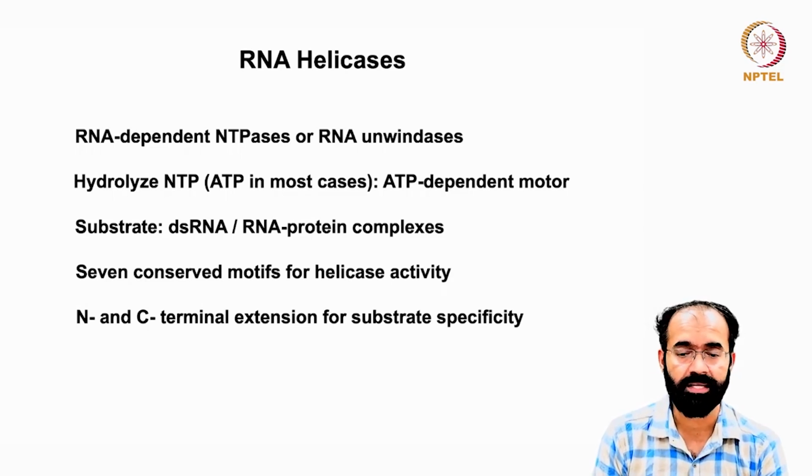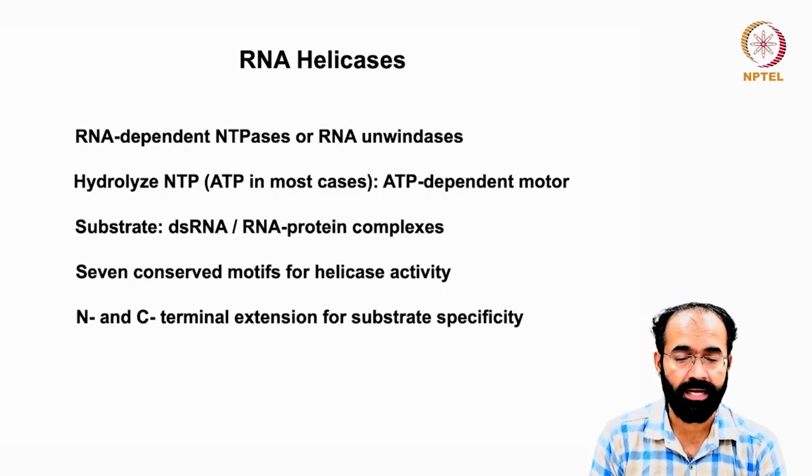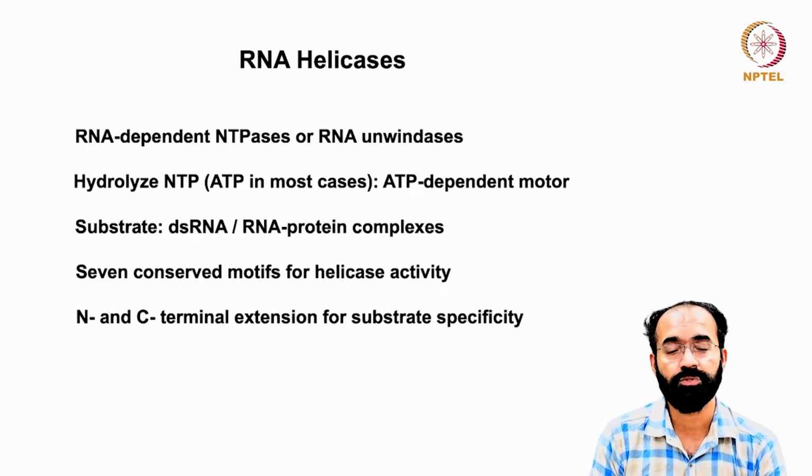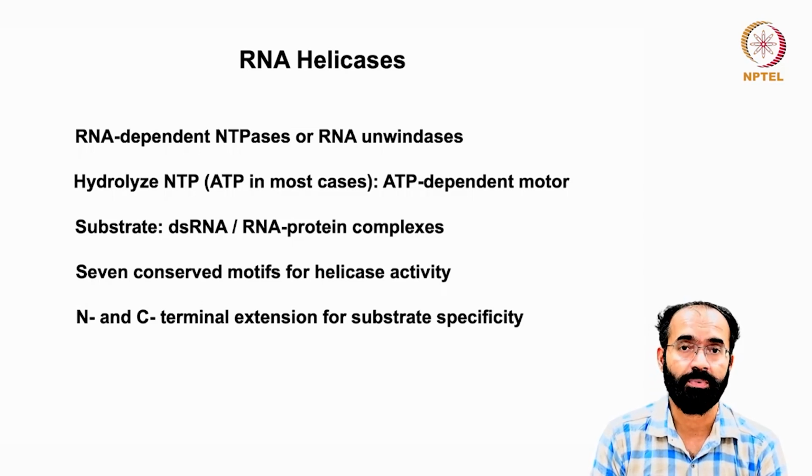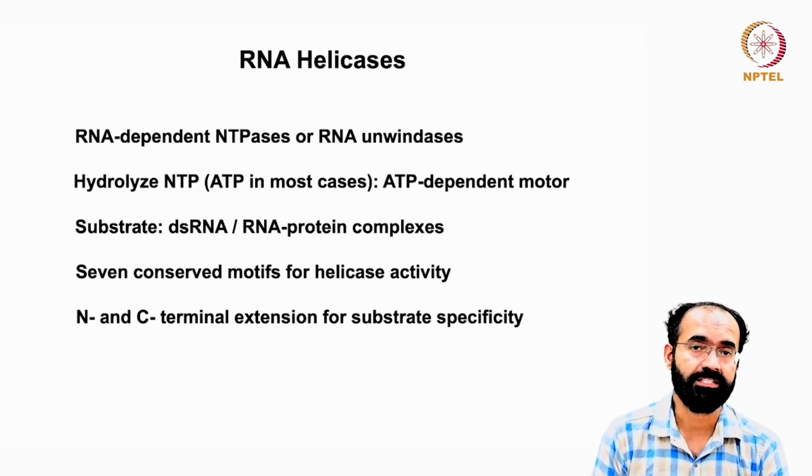Usually it is the ATP, and that will perform ATP dependent motor, and they use the substrate as double stranded RNA or RNA protein complex, that is RNPs, and they usually have 7 conserved motifs for their RNA helicase activity, and they also have N and C terminal extension for substrate specificity.